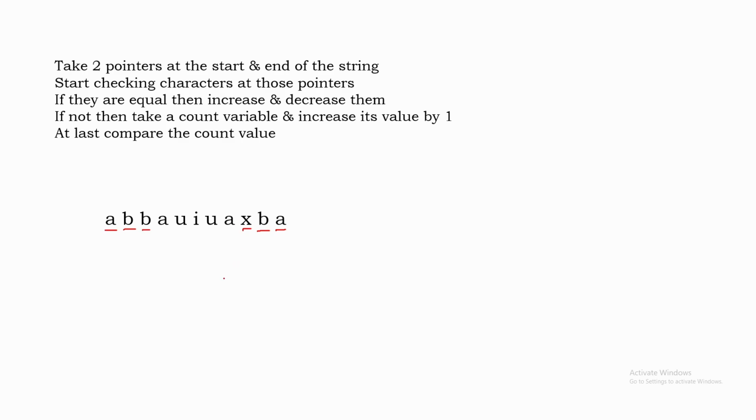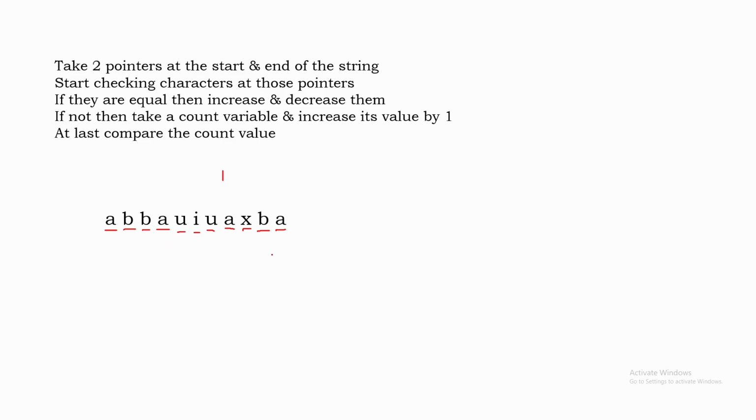Initially it was 0, now the value of count is 1. Again, A and A are equal, U and U are equal, and here our condition ends. That means our checking is done. So from simulating this example, we can see that we can make this string a palindrome by using only one operation, which is less than 2. So we return true from this example.